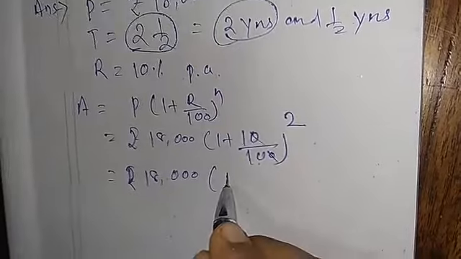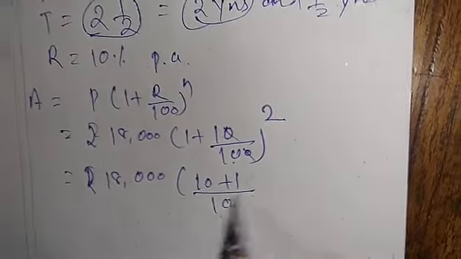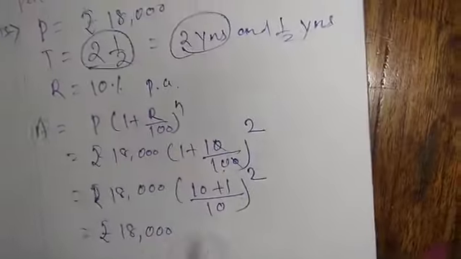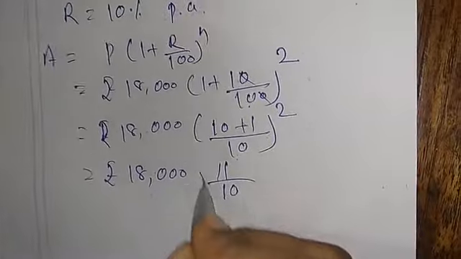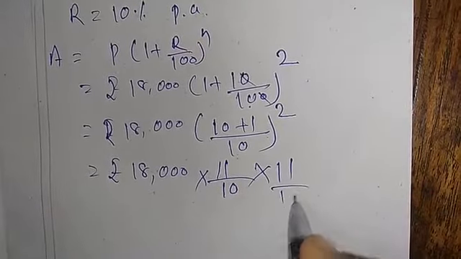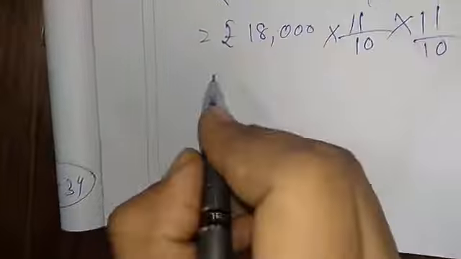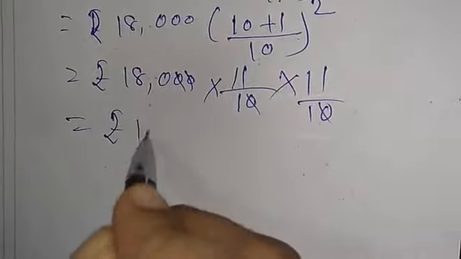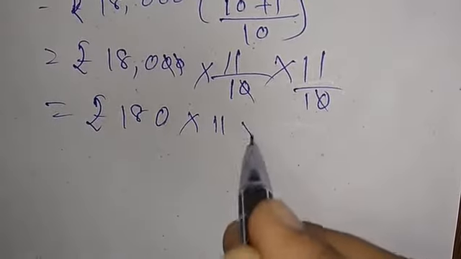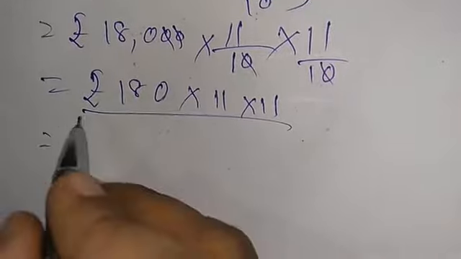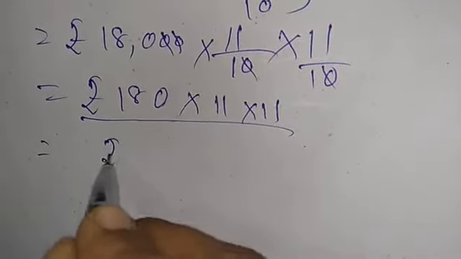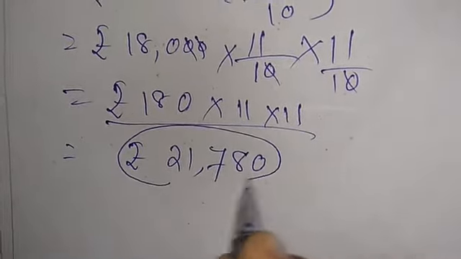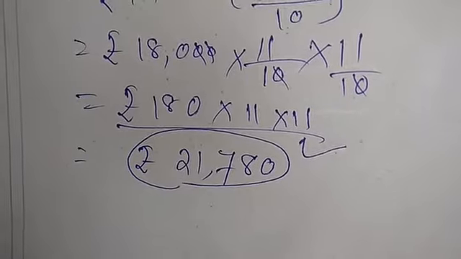So 18,000 into 1 plus 1 by 10 to the power 2, that is 11 by 10 multiplied 2 times. So here we cancel 20. So 180 into 11 into 11. Solve this one, we get 21,780 rupees. This is the 2 years amount.